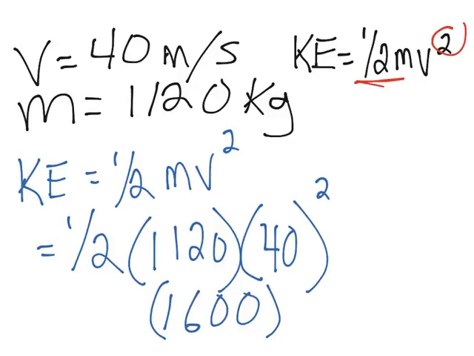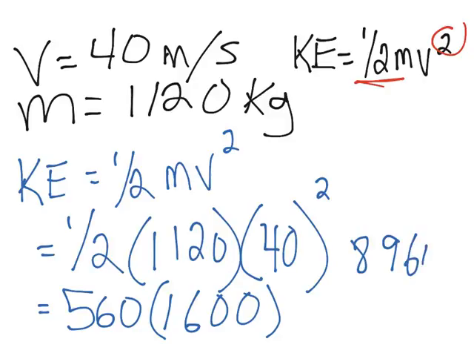And we need half of 1,120. That gives me 560. When I multiply them together, our final step, that gives us, oh goodness, 896,000 joules is my unit.